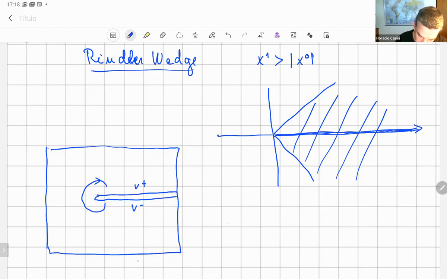And you can see that the density matrix, which is a function of the two boundary conditions here and here, will be given by the rotation operator of 2 pi evaluated between the two boundary states.